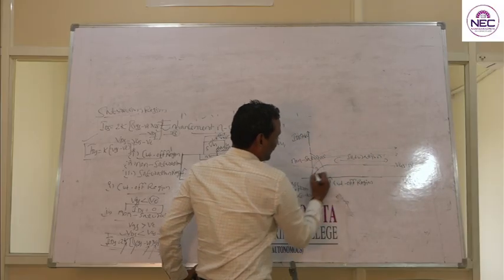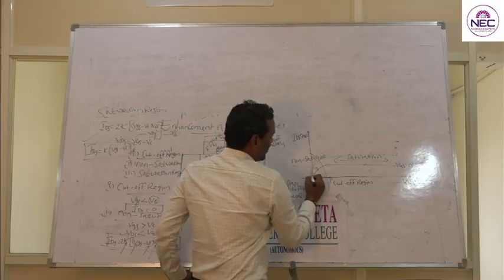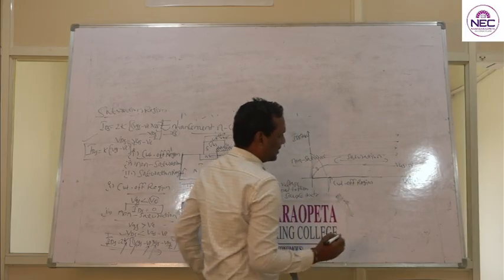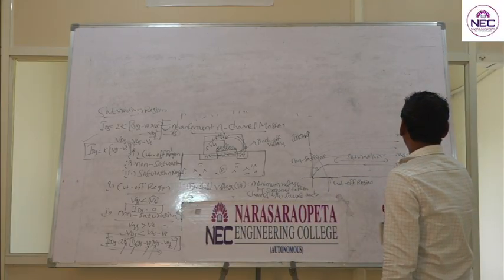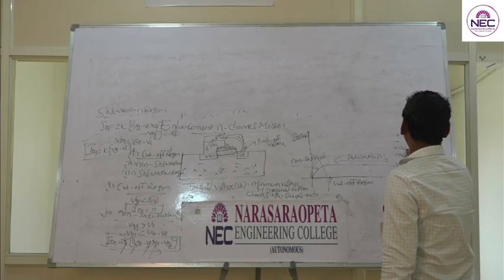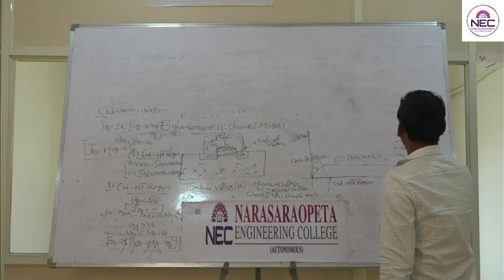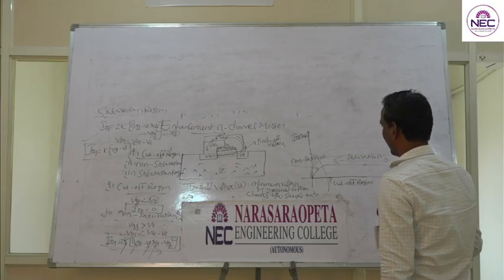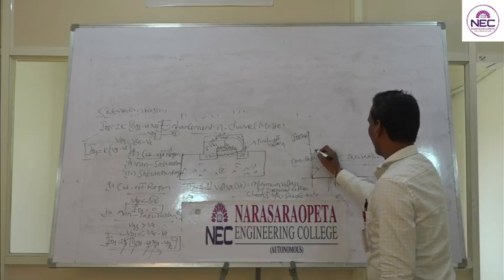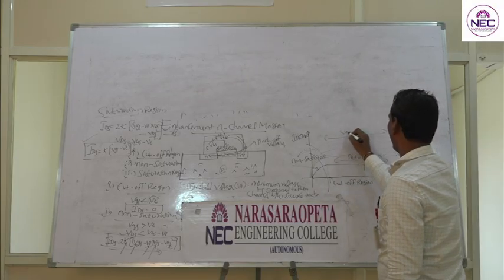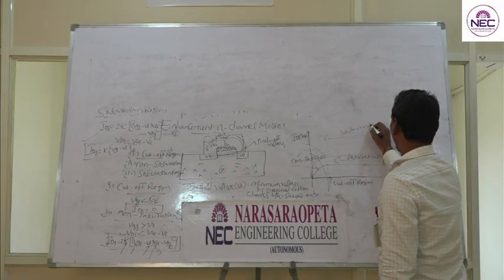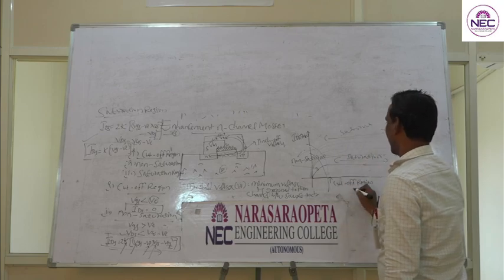So in this plot, this is for VGS of 2 volts, this is for VGS of 3 volts, VGS of 4 volts, and VGS of 5 volts, like this. This region we can call the non-saturation region, this region we can call the saturation region, and this region we can call the cutoff region.